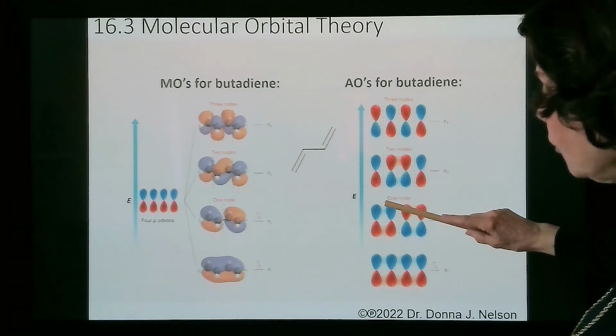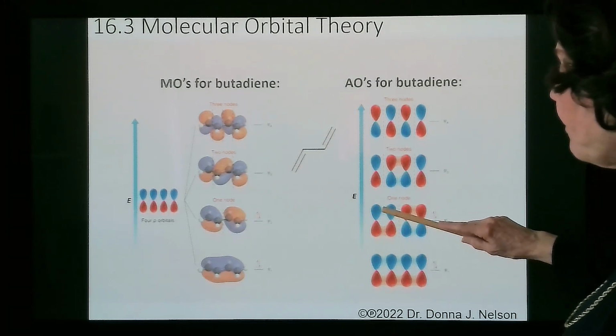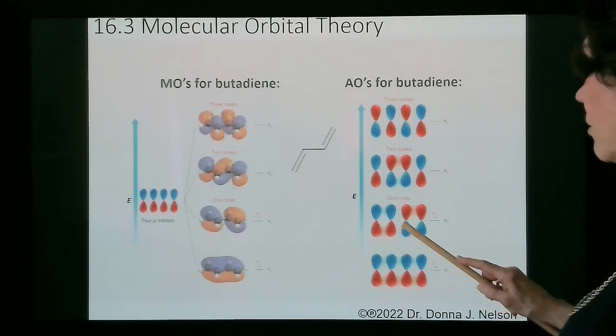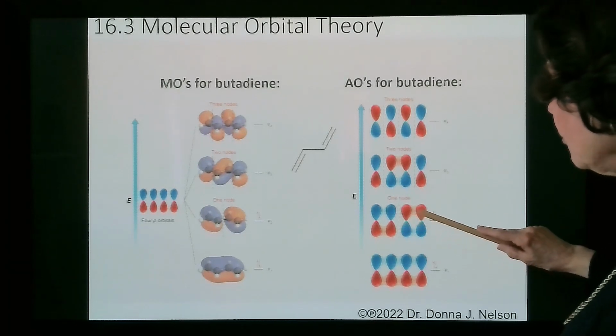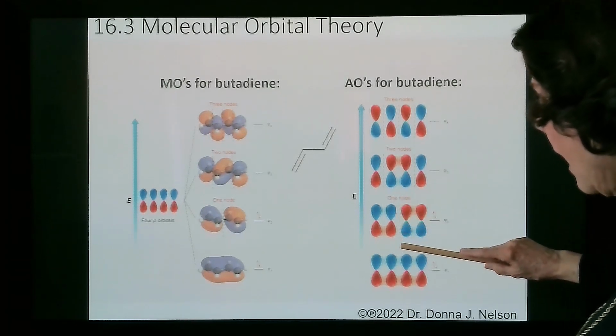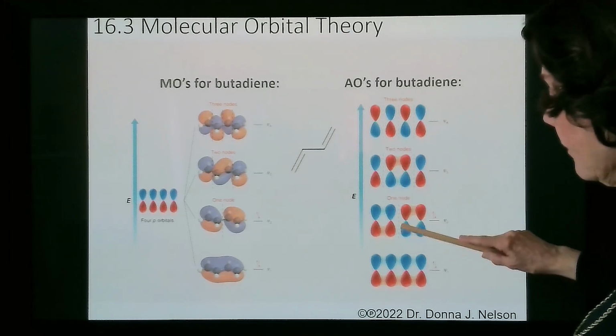There's only overlap across the lobes that have the same sign or the same color. And so here you can see there's overlap, here there's overlap, here there is no overlap. So this is called a node. There is no interaction here.